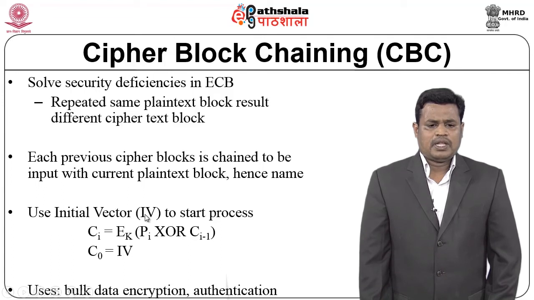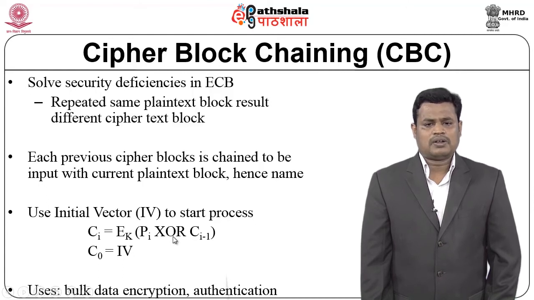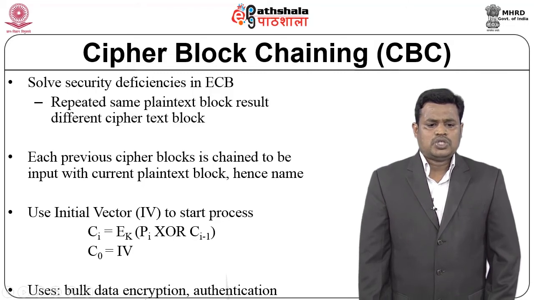So the previous mode of operation is changed to overcome the deficiency of ECB. What is added here is the initialization vector, and each current block depends on the previous block. The use of this is for bulk data encryption as well as the authentication process.